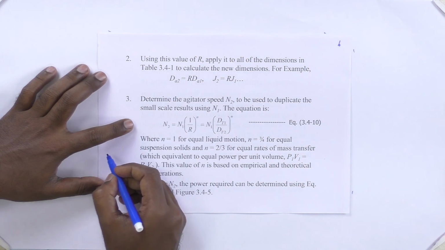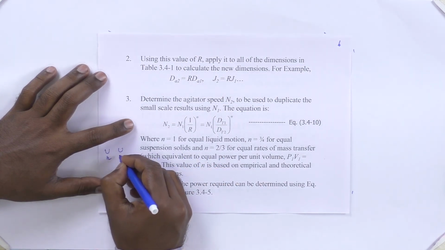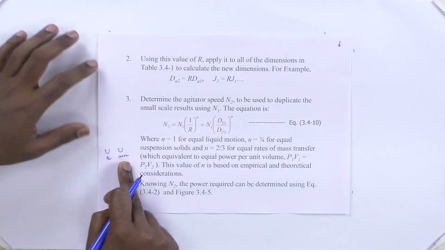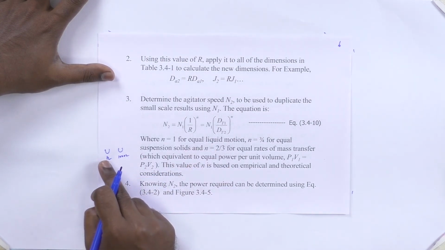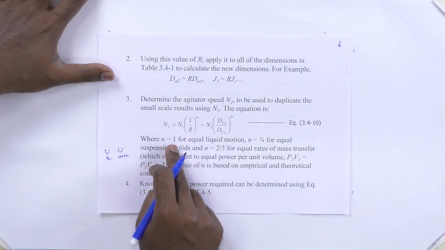Suppose in the smaller size you have 1 liter and you also have 1000 liter. This 1 liter and 1000 liter should have the same liquid motion. That is, if laminar flow is there in 1 liter, the same laminar flow should be there in 1000 liter, then you need to substitute the n value as 1.